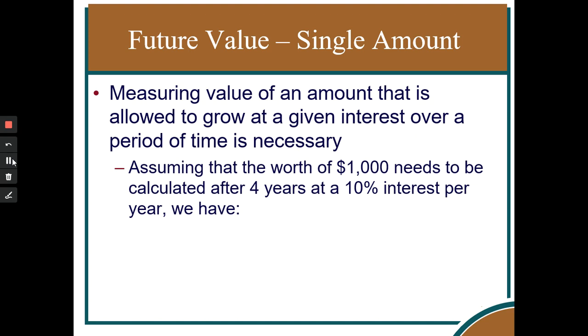Let's say you're investing 1,000 ringgit today and leaving it in the bank for the next 4 years, which gives you 10% interest per year. How much would it be worth in the future? That is the future value. You're giving the money time to grow in value.